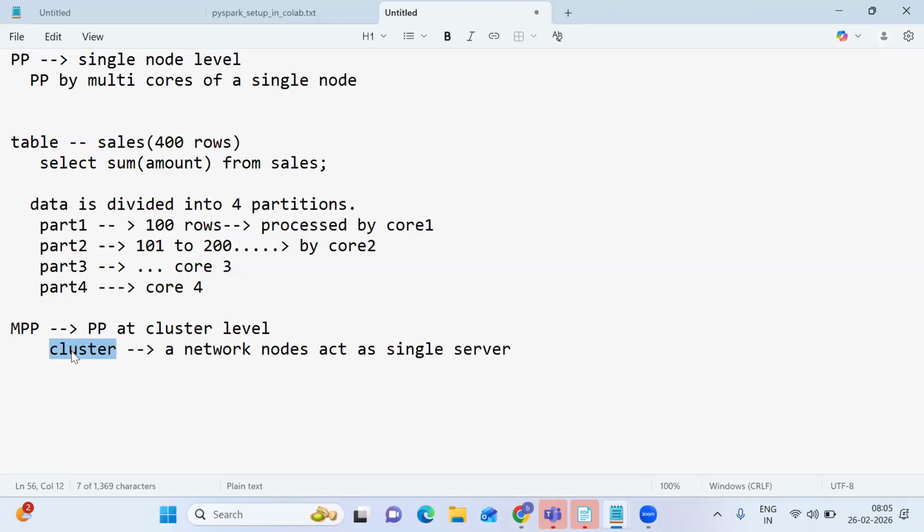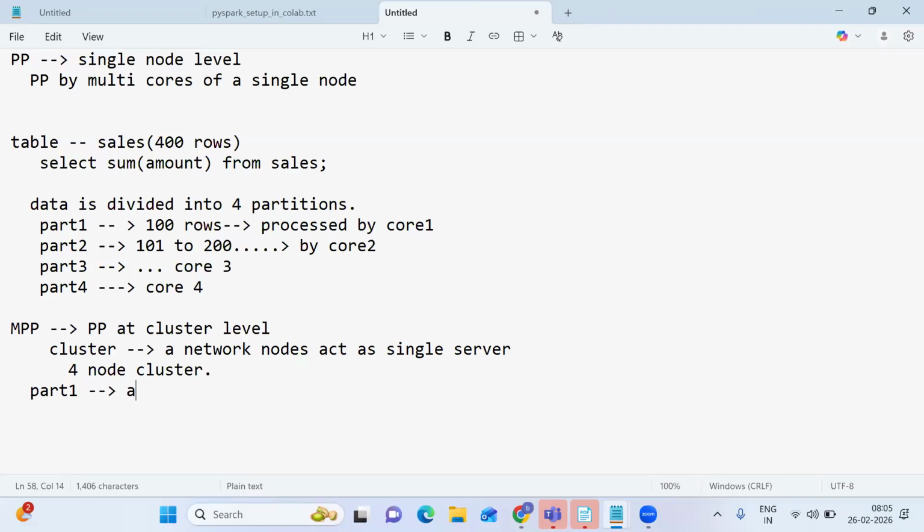As per the dictionary, the meanings of cluster are different in general. Got it? So now imagine you have a 4 node cluster. Now I have 4 machines. Of course, one master node will be there. Think that worker nodes, slave nodes, are 4. Now what will happen?